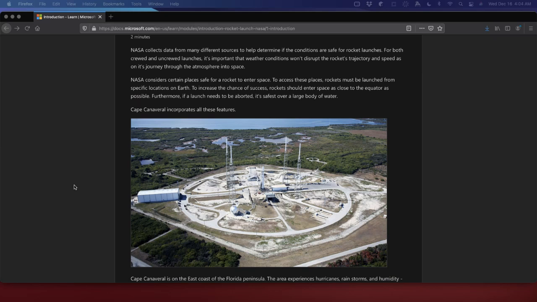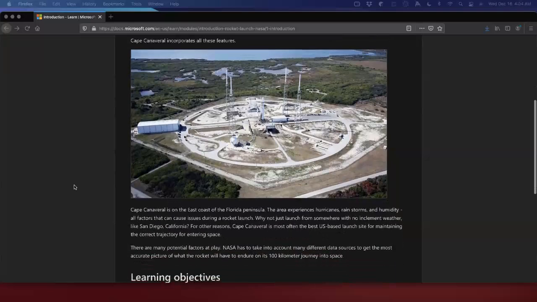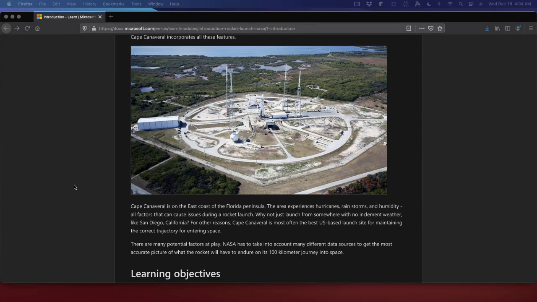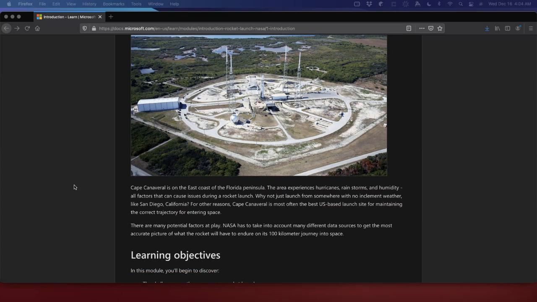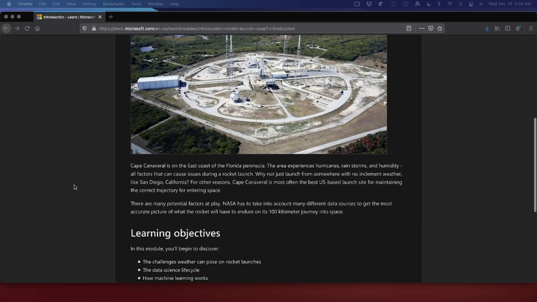Now, obviously, nothing at this level or scale is static, and we're seeing the impact of climate change. That's impacting weather patterns, so the data that we have from the past may be suggestive of what might be possible, but we also would want to have it updated with new data that we're collecting along the way. And so we also want to continue to learn and see how we're doing over time. There may be other additional data sets or data factors that we weren't considering in the past that may make us better at predicting the likelihood of a launch or the likelihood of there being some kind of issue.